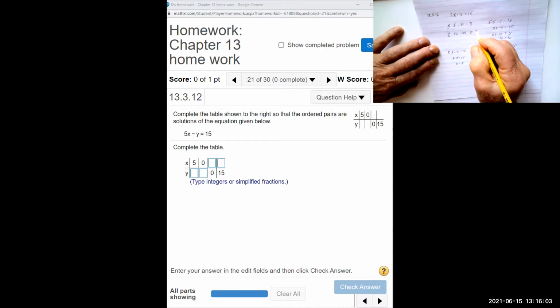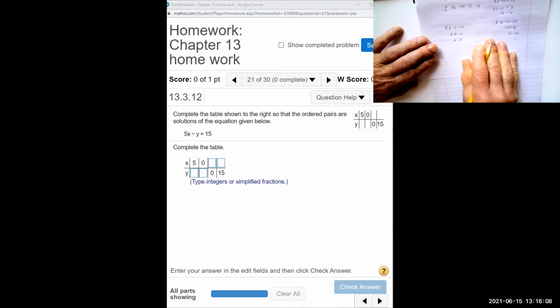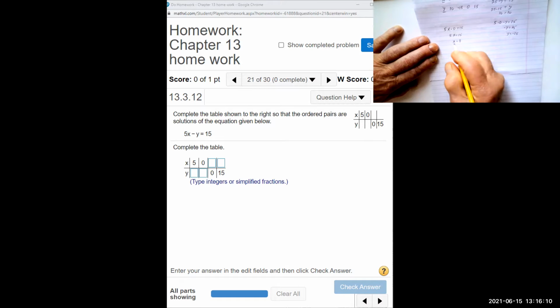We now want to let y equal 15. So 5x minus 15 is equal to 15. That's 5x equals, moving the -15, it's 15 plus 15, or 30. And therefore x is equal to 6.